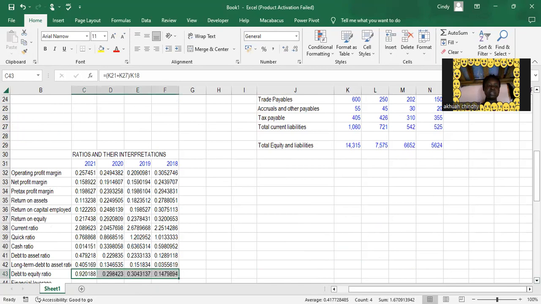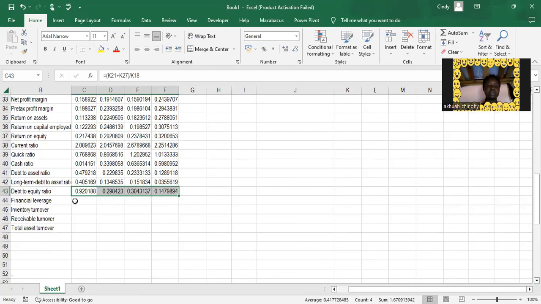Then we'll move on to our financial leverage. So the financial leverage ratio is just a ratio to know whether the business is borrowing more debt to finance its assets or using more equity to finance its assets. So it's just knowing the amount of debt that the business borrows in its financing.